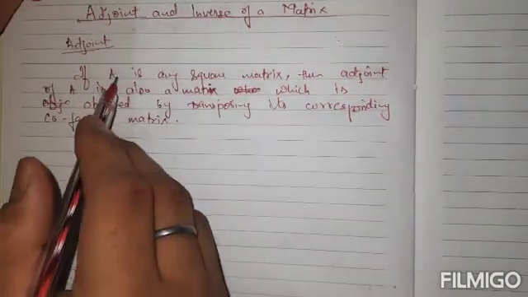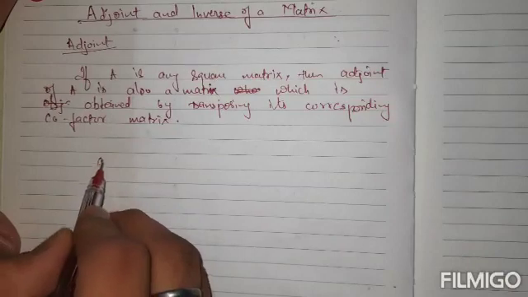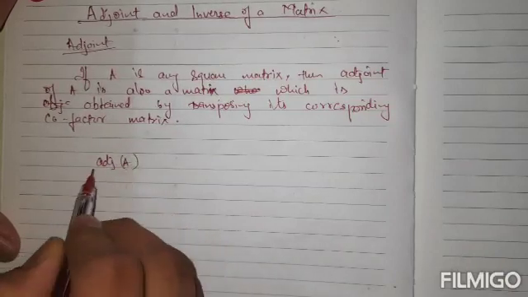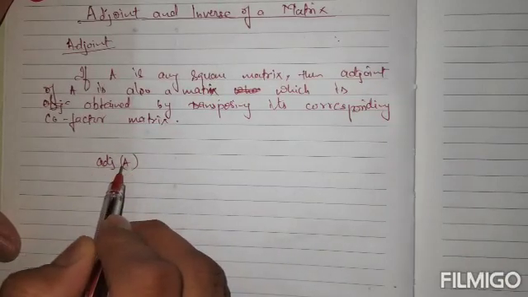See, if A is the required given matrix, then its adjoint is denoted by this symbol ADJ. It is read as adjoint A only.